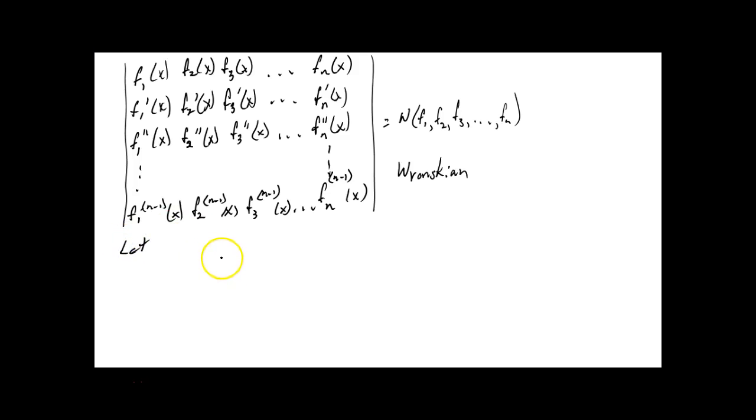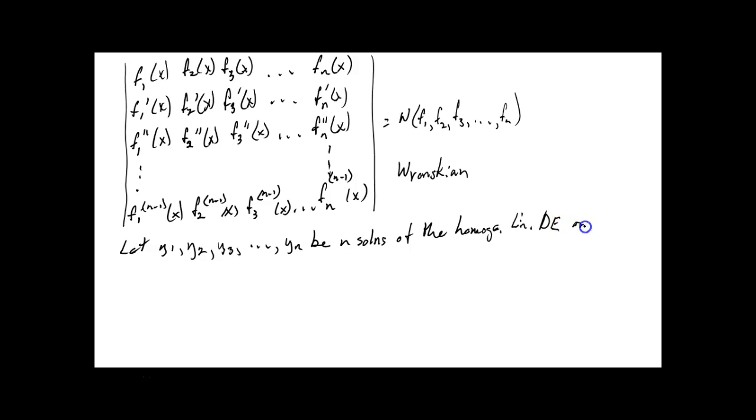Theorem 4.1.3: Let y1, y2, y3, dot, dot, dot, up to and including y sub n, be n solutions of the homogeneous linear differential equation on an interval I.